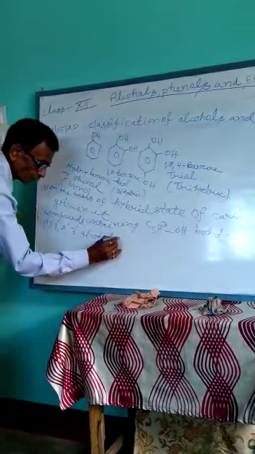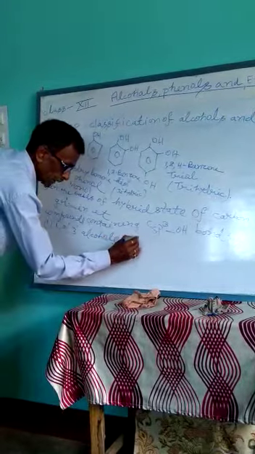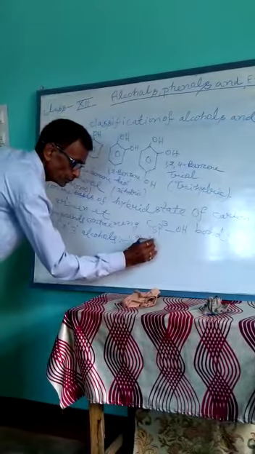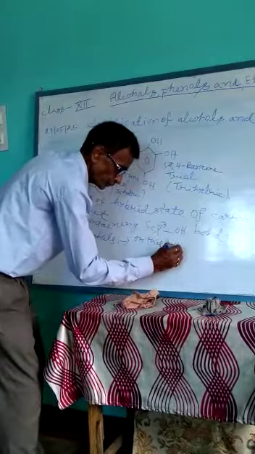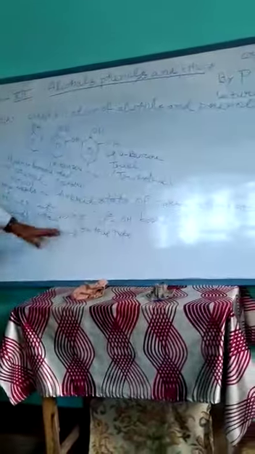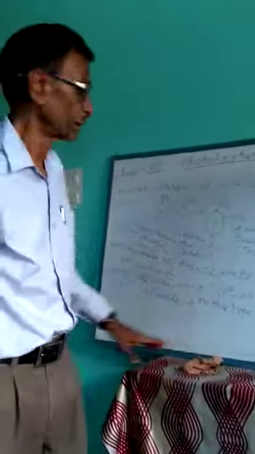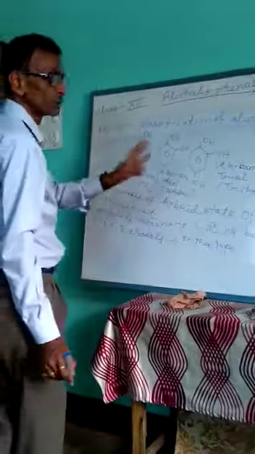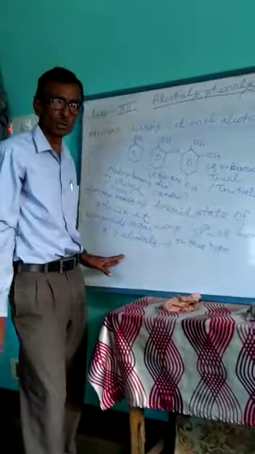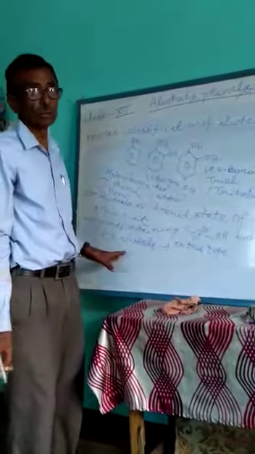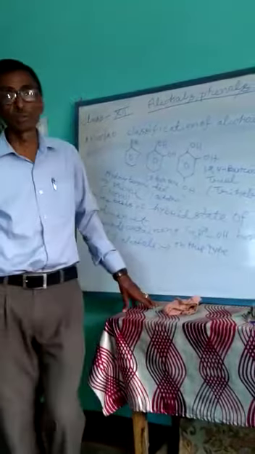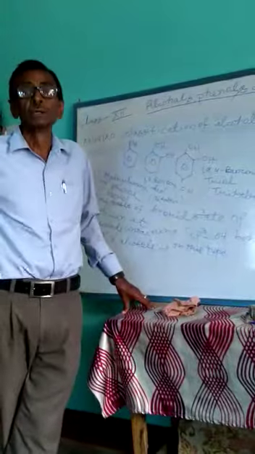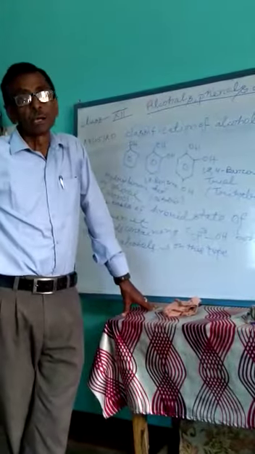In this type, if hydroxy group is attached to primary carbon, then they are known as primary alcohols. If it is attached to secondary carbon atoms, then they are known as secondary alcohols.